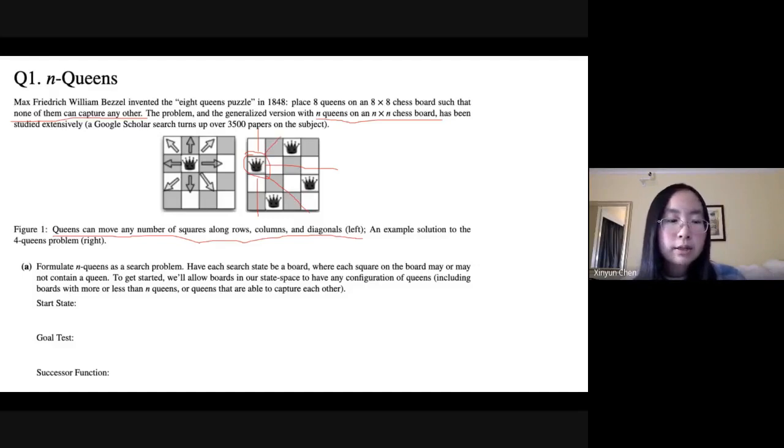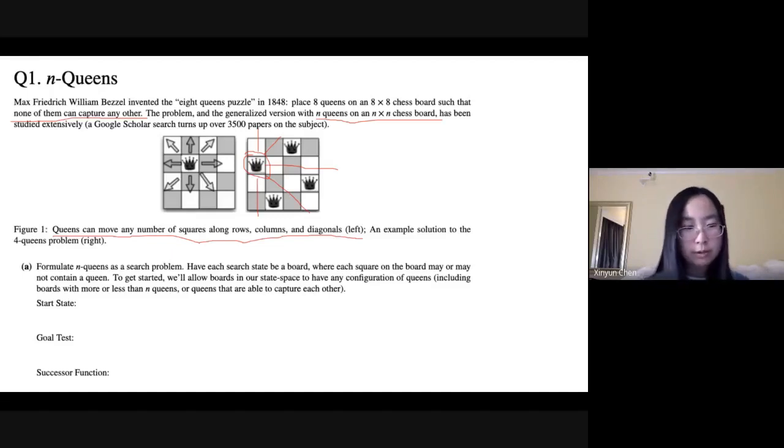Then let's look at part A first. In part A, we need to formulate N queens as a search problem. So we need to think about the start state, goal test, and successor function. Let's look at the start state first. It is relatively straightforward.